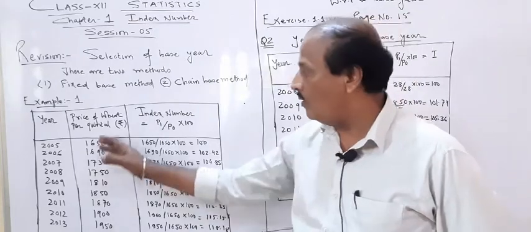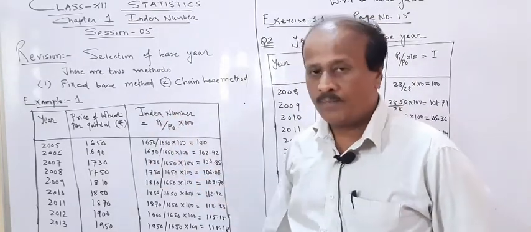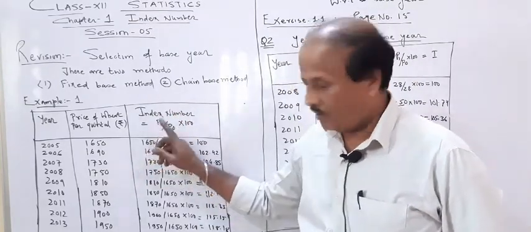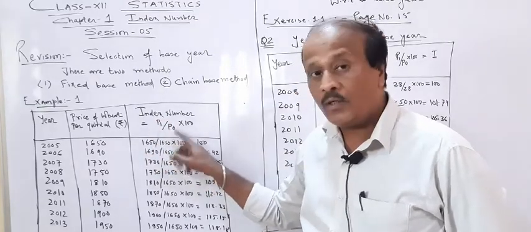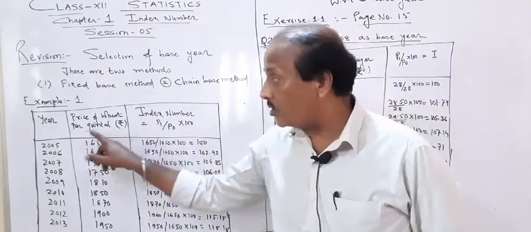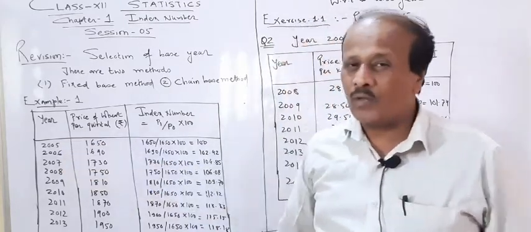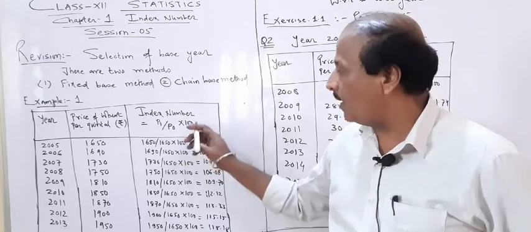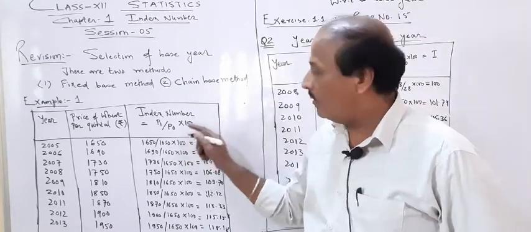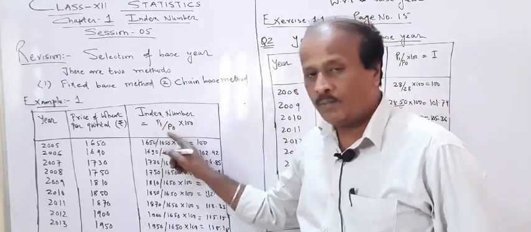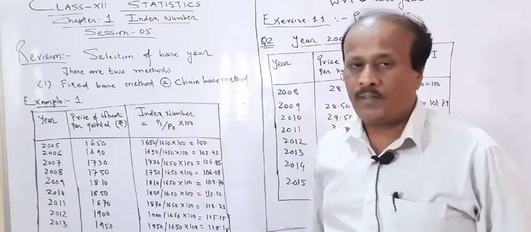Now, what is the formula for the index number? The price value of the current year divided by the price value of the base year, multiplied by 100. As per the question, the base year is the price value of 2005. The calculation is very simple. In formula terms, we get P1 divided by P0 multiplied by 100.